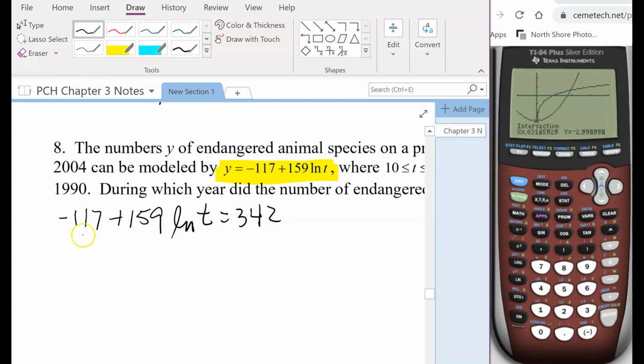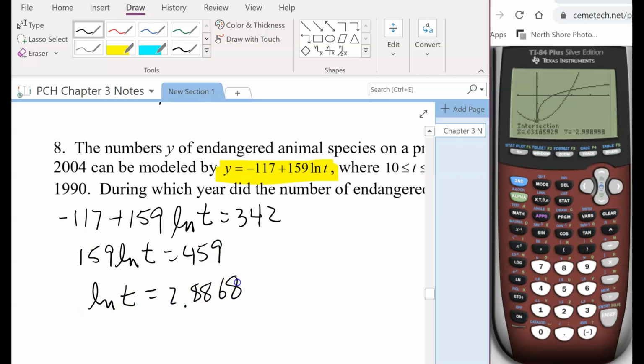So let's add 117 to both sides. I have 159 natural log T is equal to 459. Divide both sides by 159. I get natural log T is equal to 2.8868. I would use at least 4 decimal places so we get a fairly accurate answer.